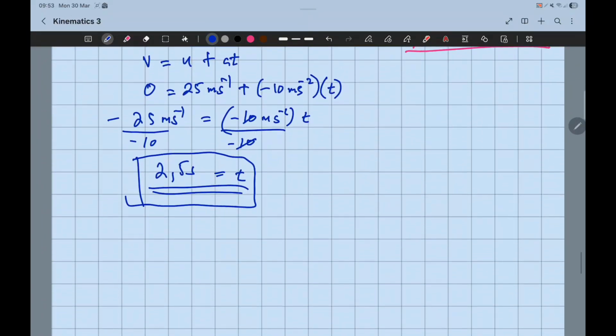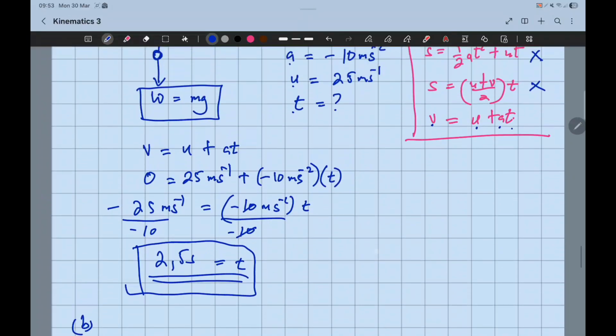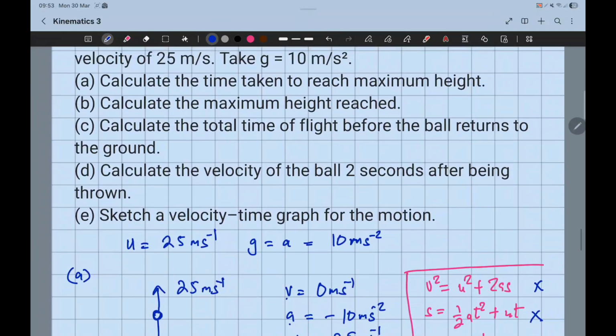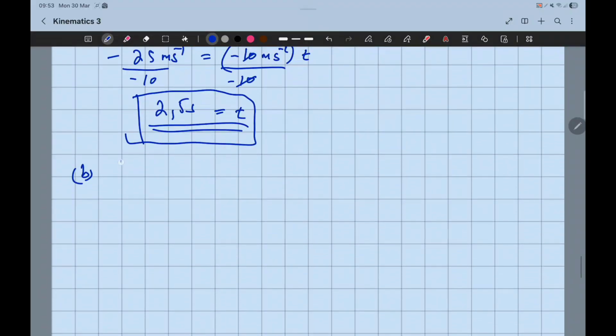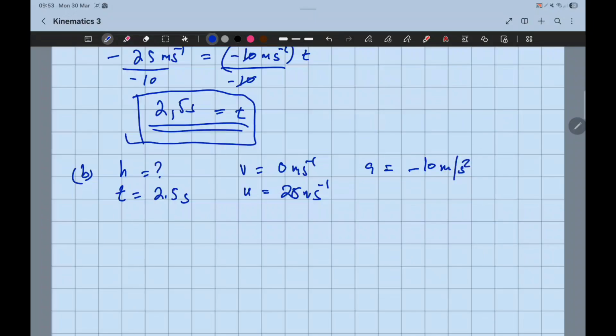Naiga. Then B edu. It would calculate the maximum height reached. So apa chakudiwa I height. Time tinayo 2.5 seconds. V tinayo 0 meters per second. U tinayo 25 meters per second. A tinayo negative 10 meters per second squared.